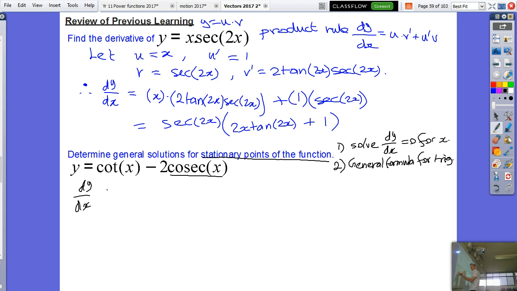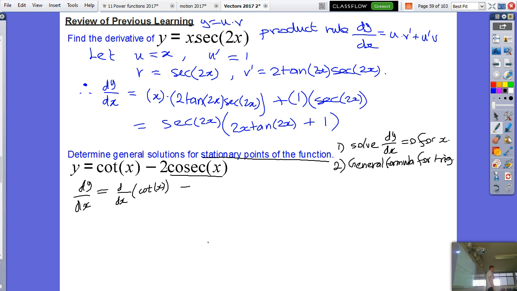So the derivative of the whole function is the derivative of each part separately. Okay? So we take the derivative of the cot of x, and then we subtract. And even though we've got a factor of 2 in front of the other function, the 2 itself is just an extra factor that won't change or be manipulated in the process of differentiation.